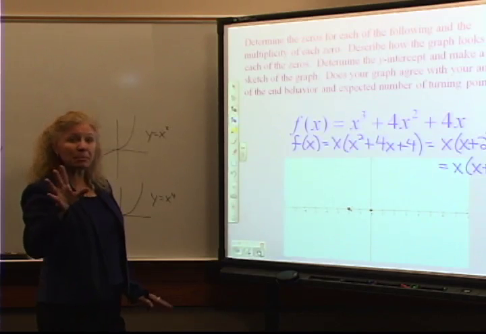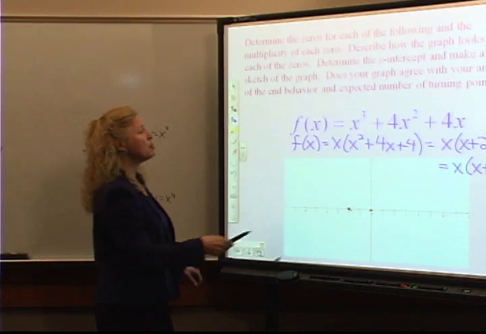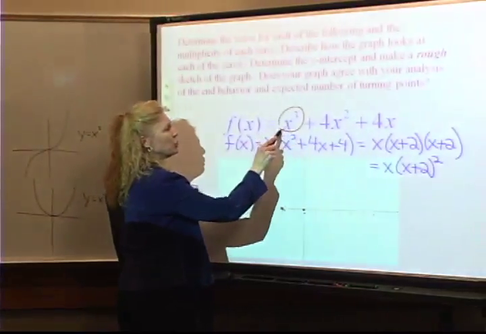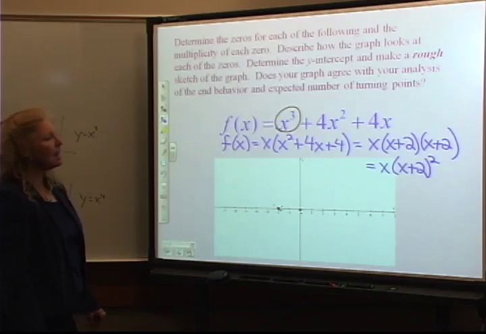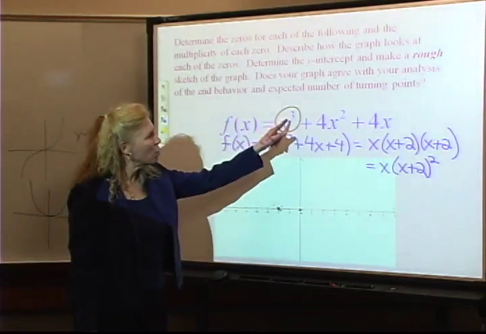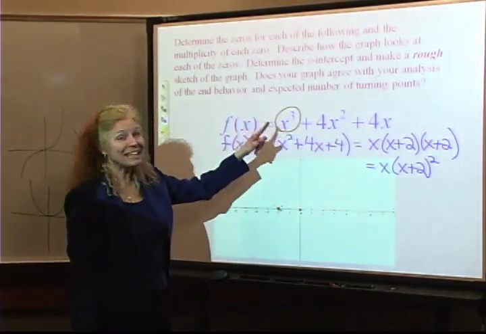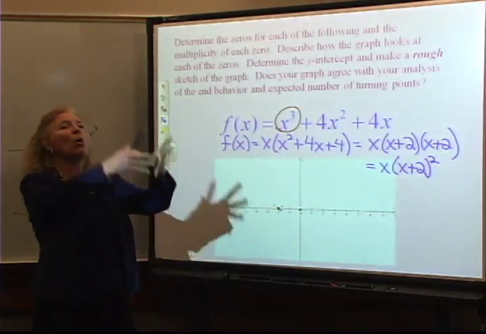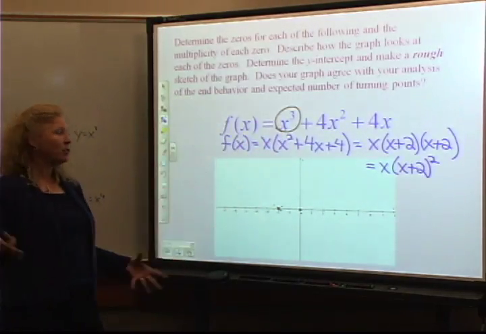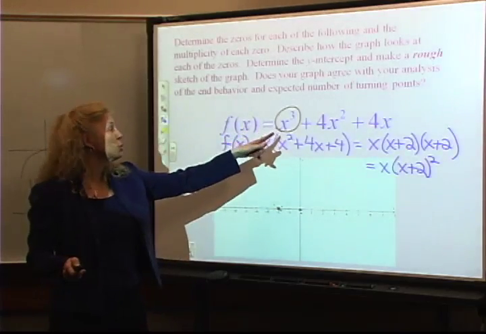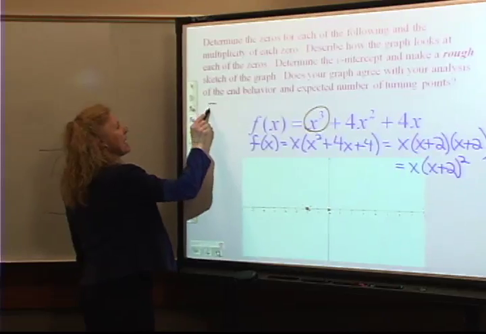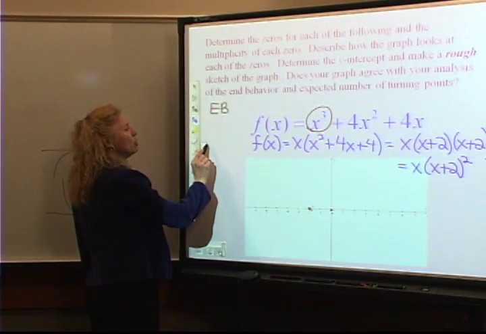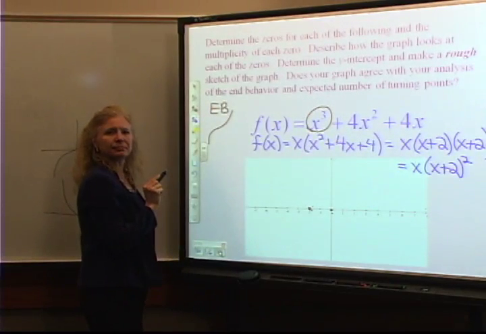Now remember, what's the biggest impact on the end behavior? It's the first term. That term has more power than any other term, so it's really determining the overall shape of the graph. With a third degree and a positive 1, my end behavior looks like this.